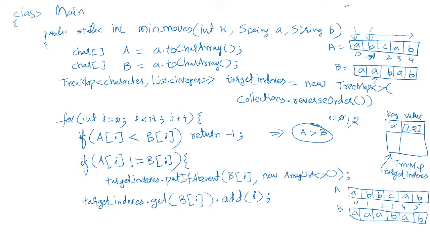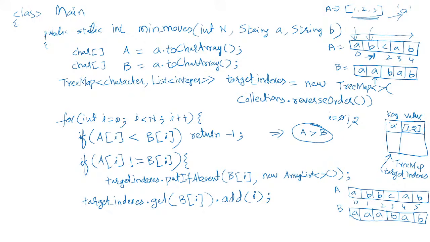So this array list indicates the indexes in the string A. In these indexes, 1, 2, 3, you need to replace with the character A, which is a key in our dictionary. That is the meaning of this key value pair here. Which characters need to be replaced in A? Their indexes we are catching here, and the character by which it has to be replaced, we are storing as a key here from B. Got the meaning?